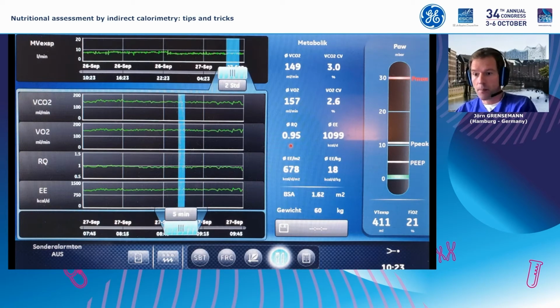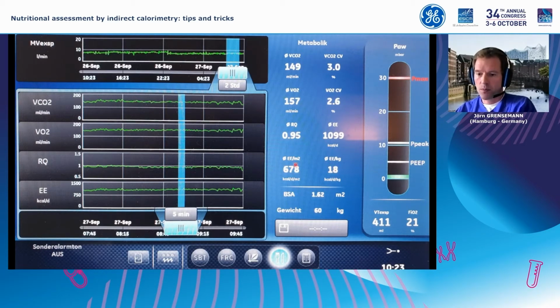So this is a different patient. We look at the coefficients of variation again, below 5%, and the respiratory quotient is okay. And then we see that we have an energy expenditure of just 18 kilocalories per day per kilogram.